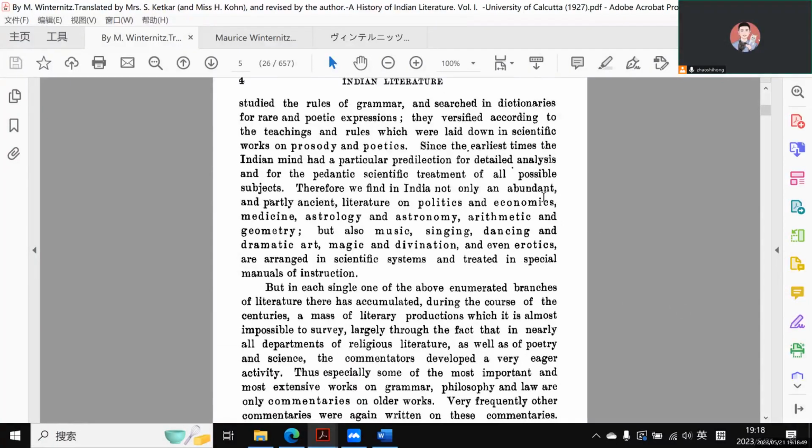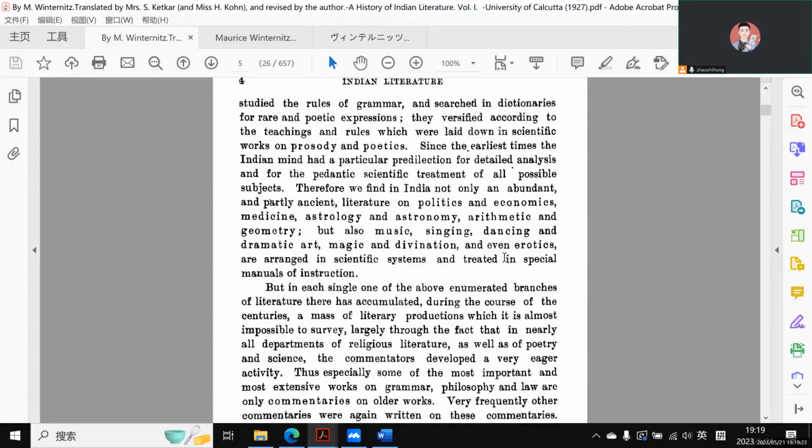So therefore, we find in India not only an abundant and partly ancient literature on politics and economics, medicine, astrology and astronomy, arithmetic and geometry, but also music, singing, dancing, and dramatic art, magic and divination, and even erotics, arranged in scientific systems and treated in special manuals of instructions.